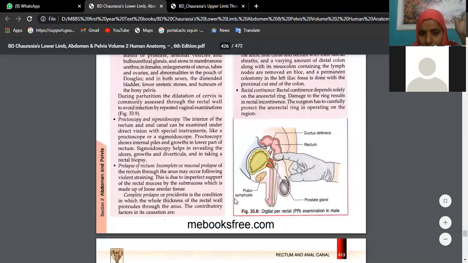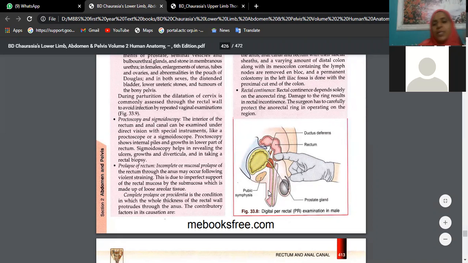Now let us come to the layout of structures. In males, this is the pubic symphysis, behind which we have the urinary bladder. At the neck of the urinary bladder in males, we have the prostate gland, rectum, anal canal. Through rectal examination, you are able to palpate the prostate gland in males.